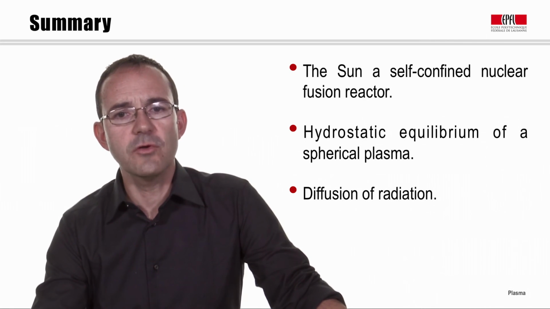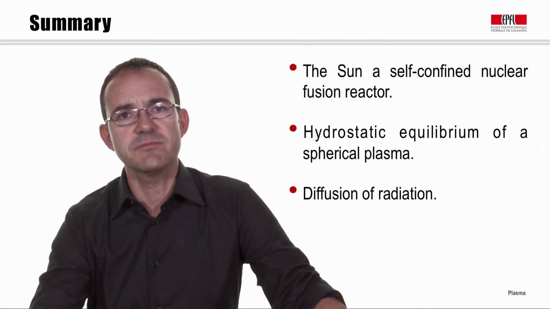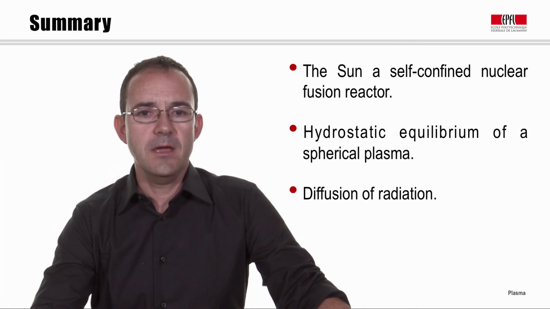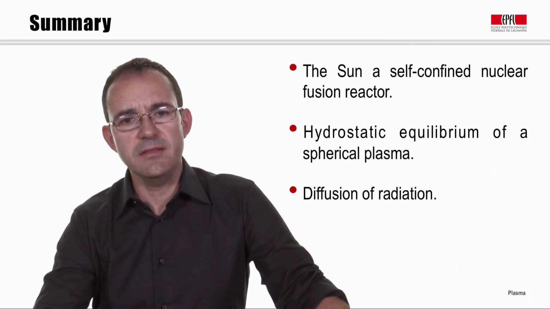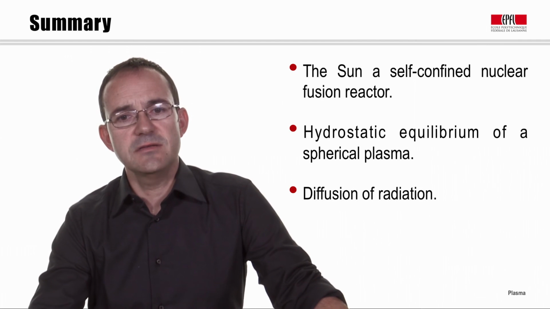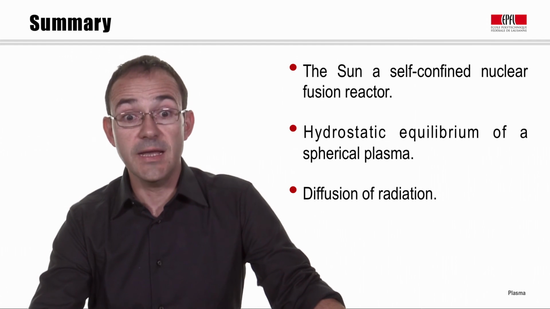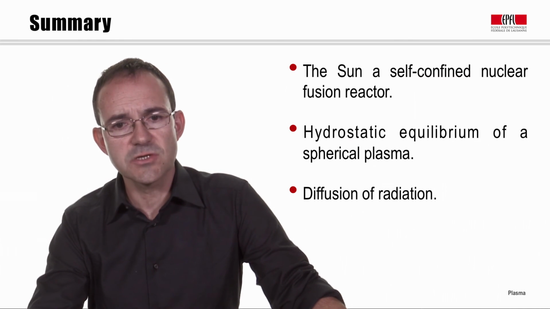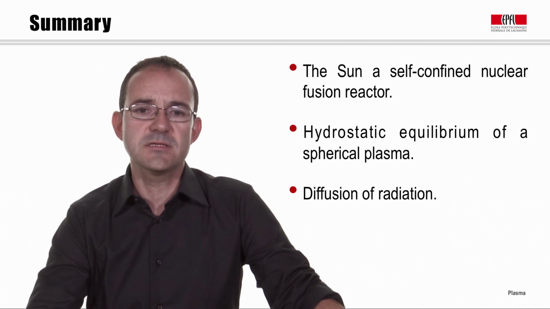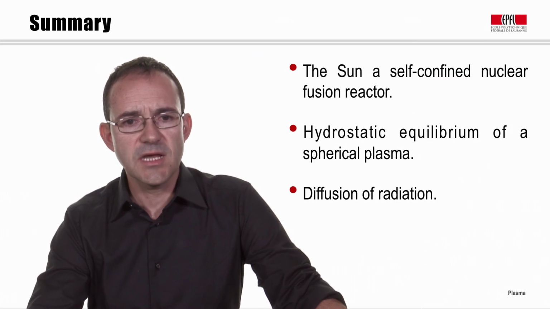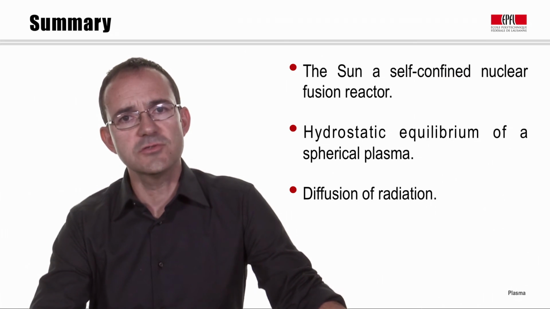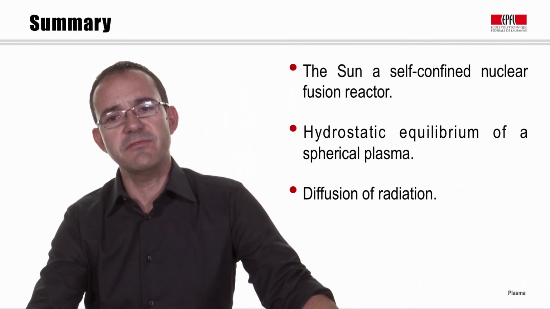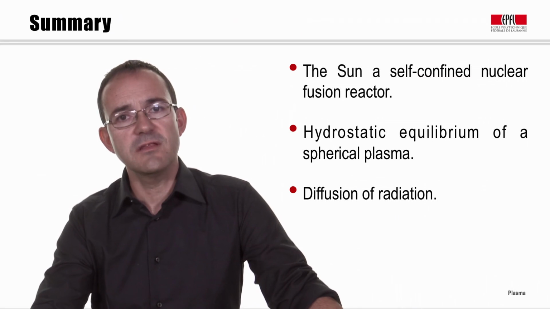This has allowed us to compute some of the most fundamental properties of the Sun and, in general, of main sequence stars. However, the assumptions that we have made are not entirely satisfied. For example, the Sun contains other elements than hydrogen, and also it shows some internal structures and small deviations from the ideal gas law. Furthermore, the Sun has other important elements that contribute to its dynamics. One of these elements is the presence of magnetic fields, which we will deal with in the following modules.